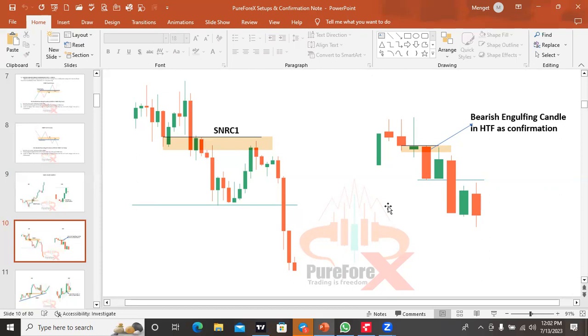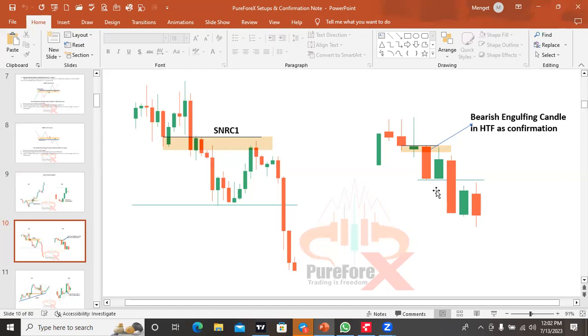When you train your eyes to see this setup, to see the blind spot setup I did a video on, you will be able to identify SNRC1 setup, guys. The market may present any setup to you, but whichever it presents, you know what to do, what to look out for, and you take opportunities. You don't need indicators like Indomie and Macaroni, right?